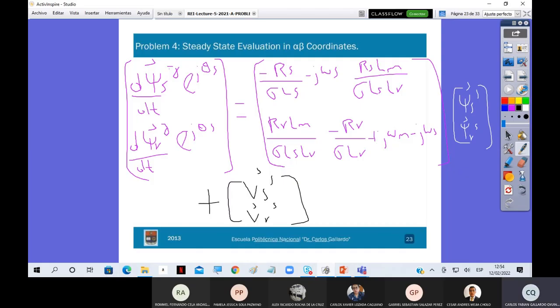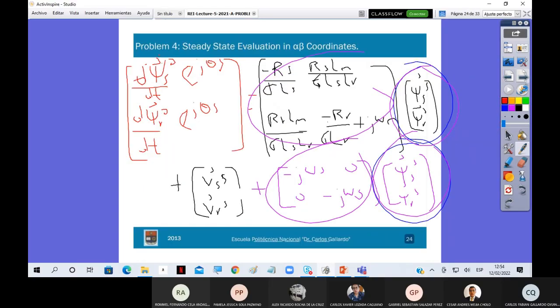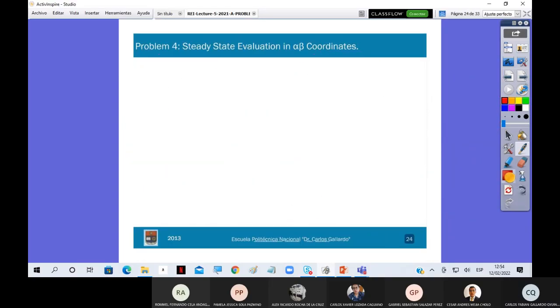Okay, so what happens in a steady state? In a steady state analysis, the derivatives are equal to 0.